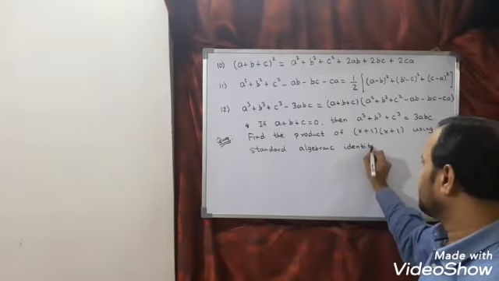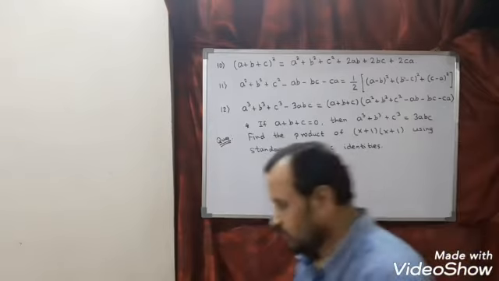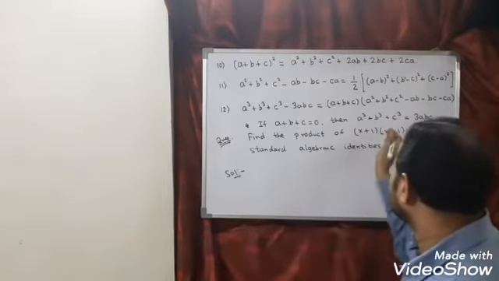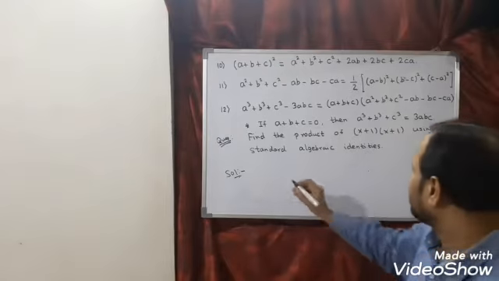So the question here is, find the product of this using standard algebraic identities.